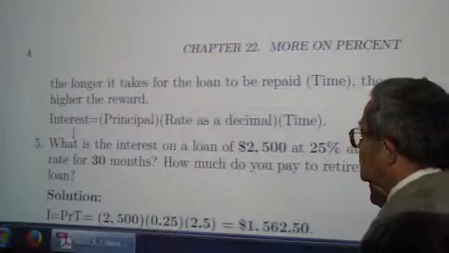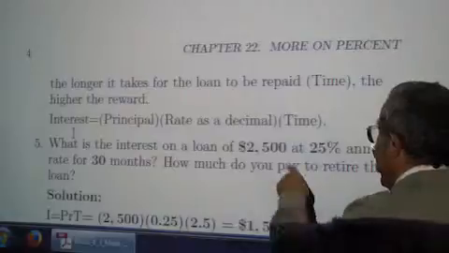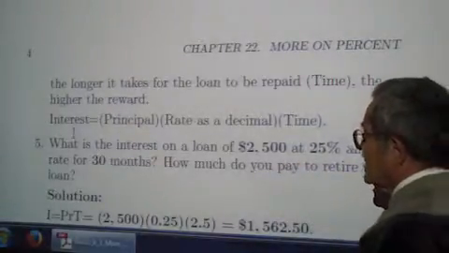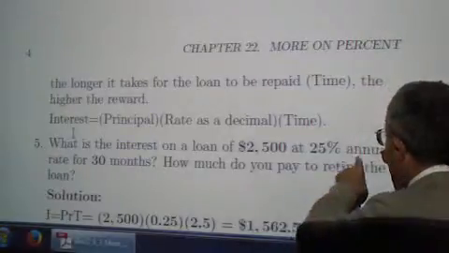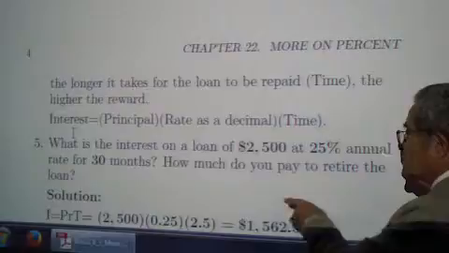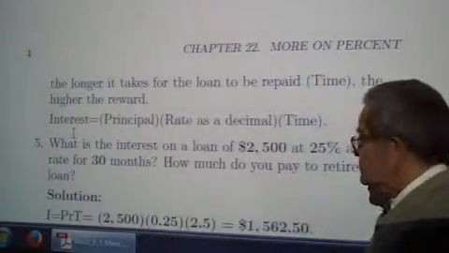Okay. What is the interest on a loan of $2,500 at 25% annual rate for 30 months? Annual rate, 30 months. How much do you pay to retire the entire loan? In other words, to pay off the loan and the interest.